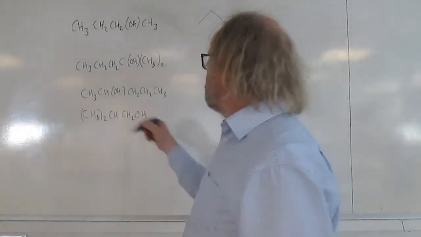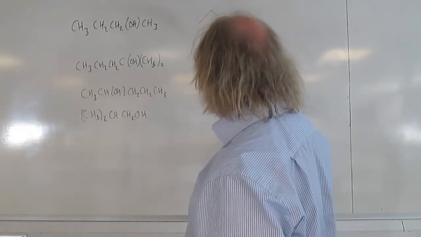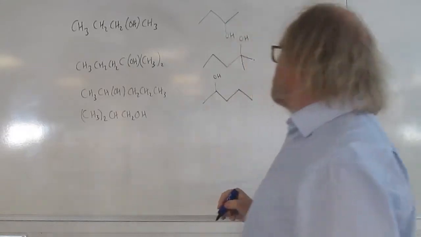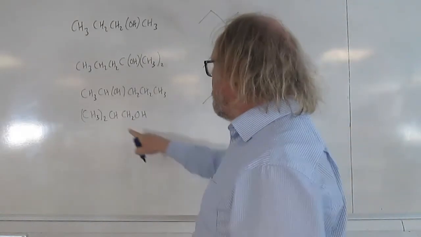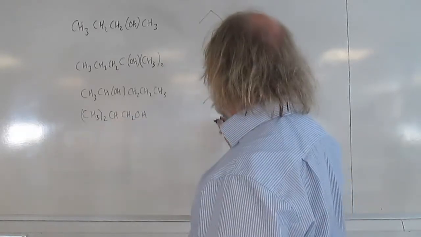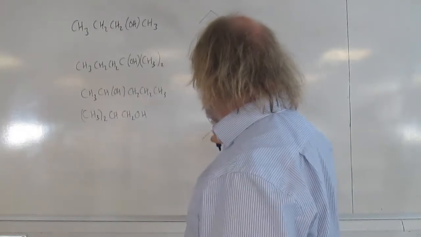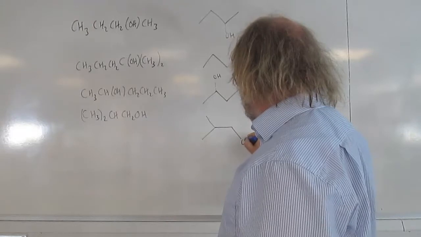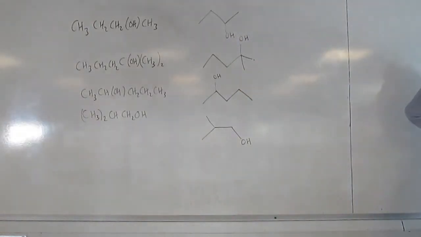This one, CH3, then the second carbon has the OH branching off it, and then CH2, CH2, CH3. So it's that one. And finally this one, this carbon has 2 methyl groups attached. So we've got the 2 methyl groups attached to this carbon here, and then there's CH2OH. So those are your compounds.